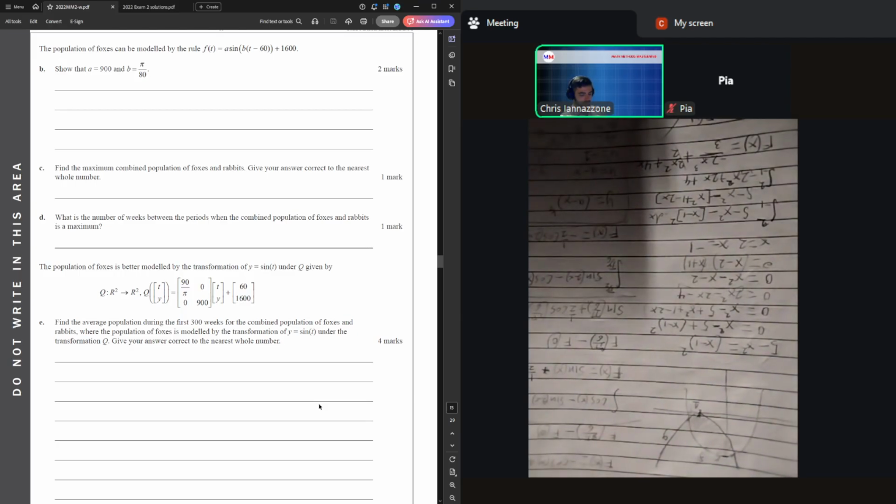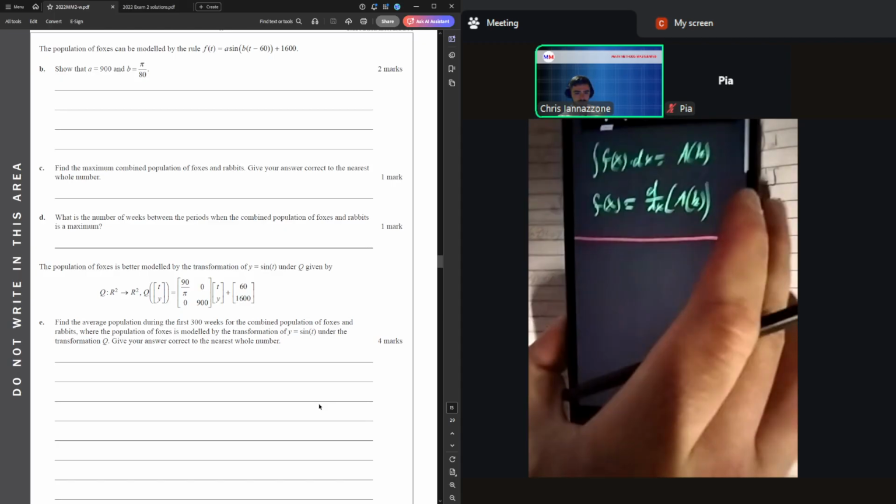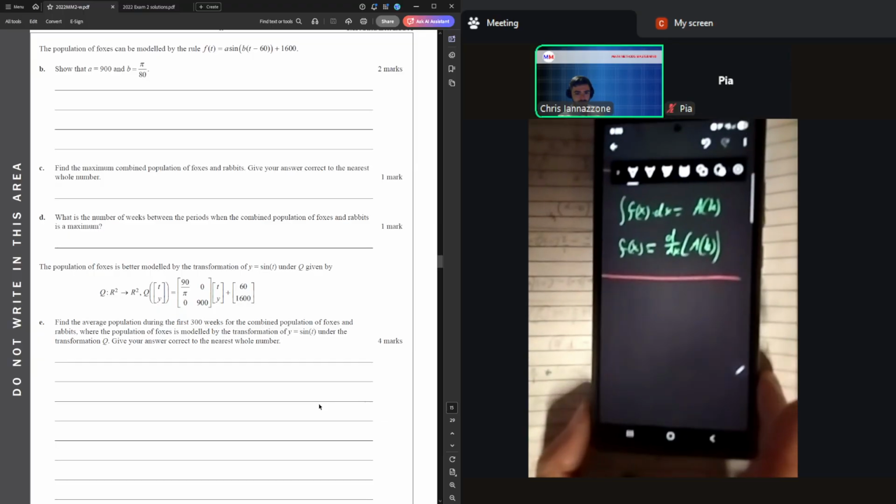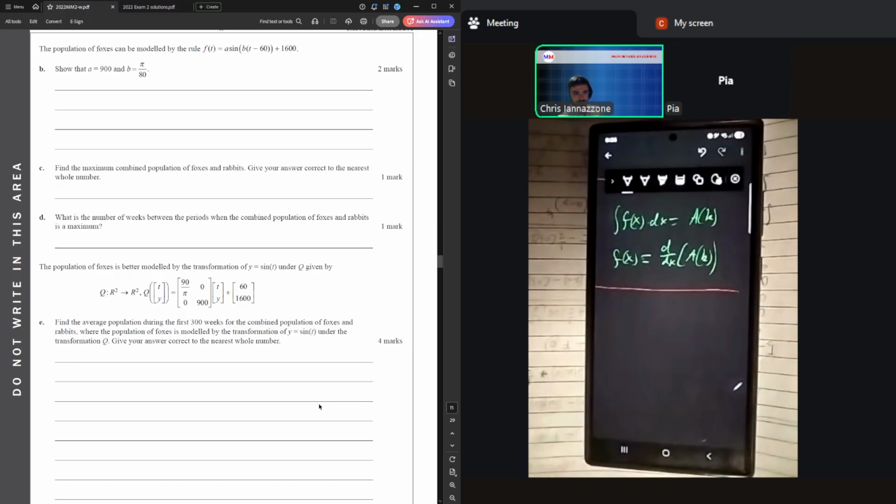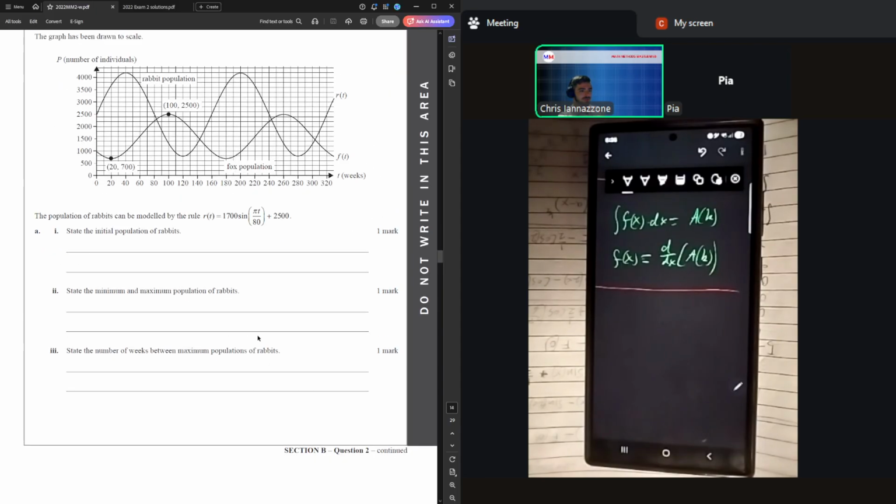There's also a bit of flexibility on this one. Any ideas so far? I'm thinking about what they've given us and subbing it into the f of t. Yeah, okay, cool.